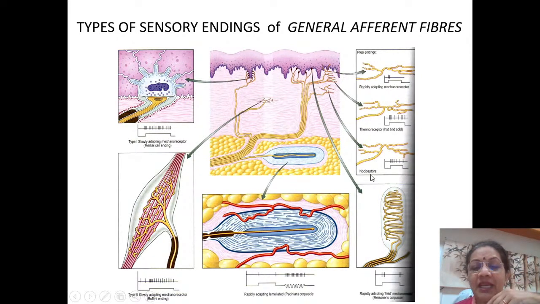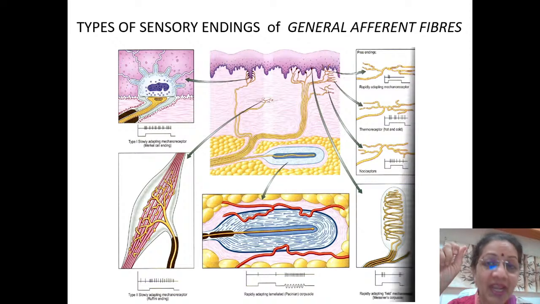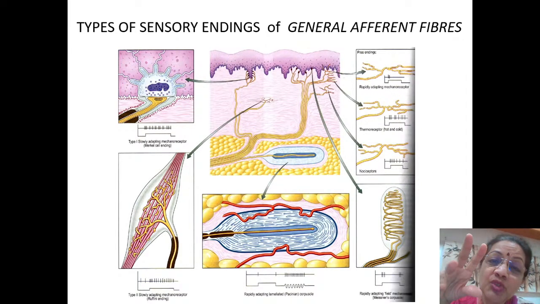Then a third type are called nociceptors. Noci is pain. They are able to pick up enough derangement in the environment which is interpreted as detrimental to the tissue or detrimental to the organism, right? And that sets off a sensation which we recognize in the central part as pain. In the periphery, those specialized nerve endings have been provided.